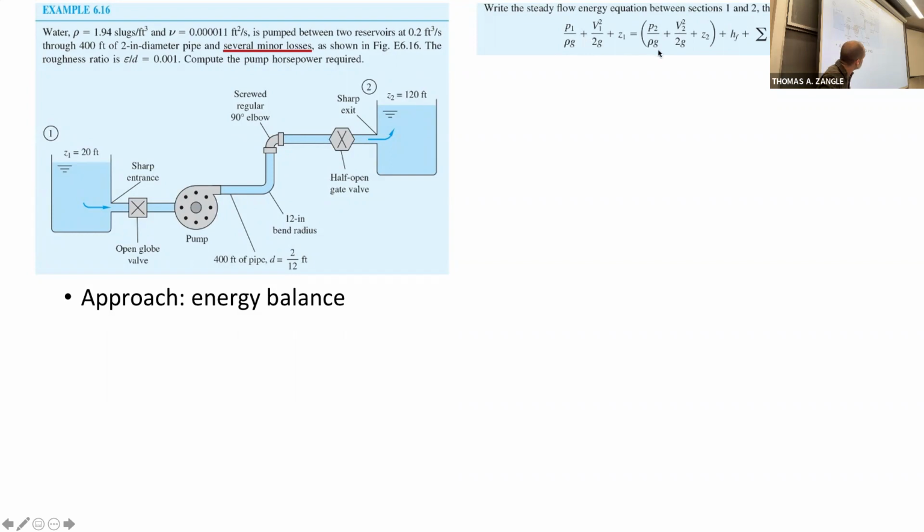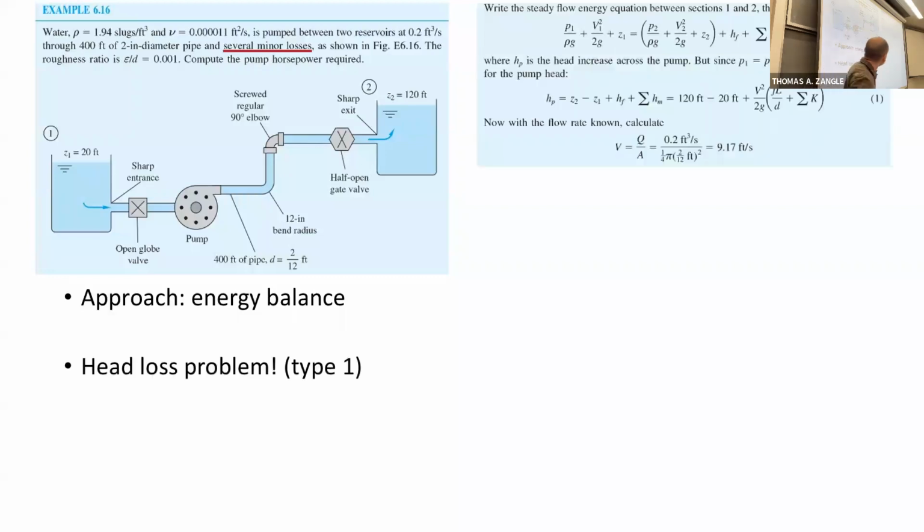Okay, so V1 and V2 are 0 because those are the velocities at the free surface. And P1 is equal to P2 is equal to P atmospheric, because these are at the free surface. So those are going to drop out as well. Your text then applies those expressions and simplifies this.